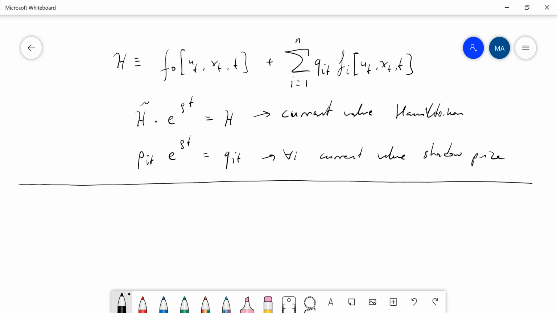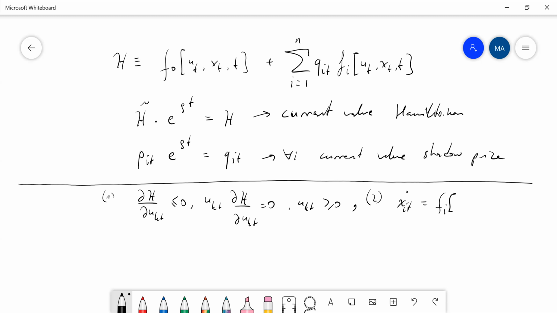So once again, with respect to the control variables, I have this. Then I have the constraints. They are the same. Constraints are the same.